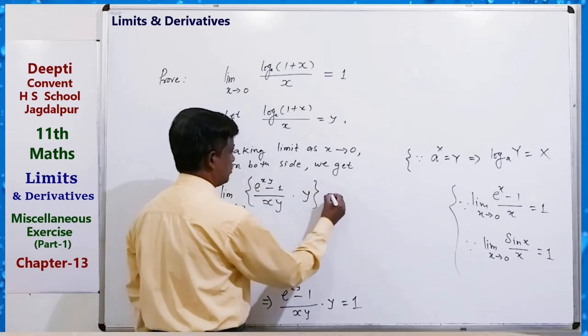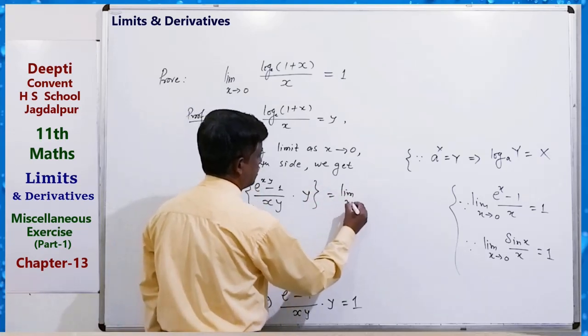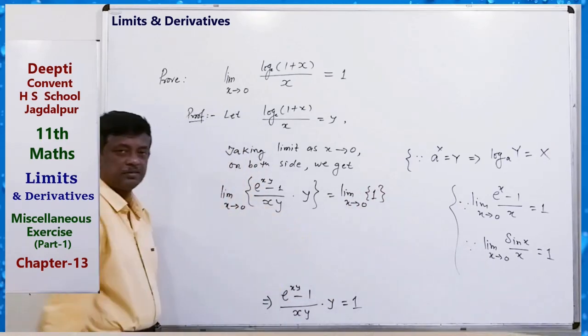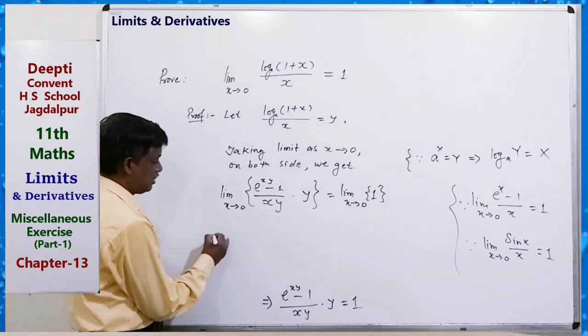This is the left hand side, equal to limit x tending to 0 of 1. This is the right hand side. Just take limit on both sides.